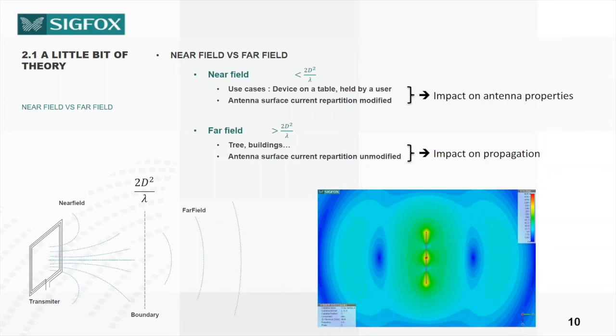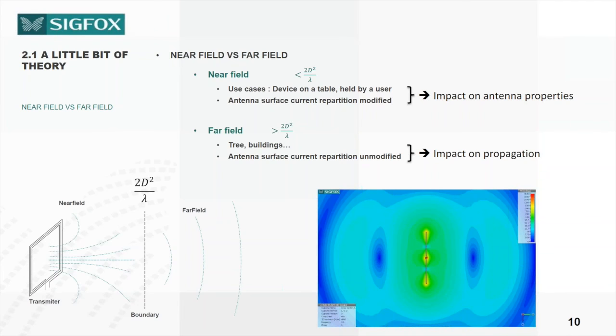In the far-field area, the fields are not directly related to this current anymore, and that means something very important. If you place something in the near-field area of an antenna, you will impact the antenna properties, whereas if you place something in the far-field area, you will only impact the propagation and not the antenna properties, for instance the radiation properties of this antenna.